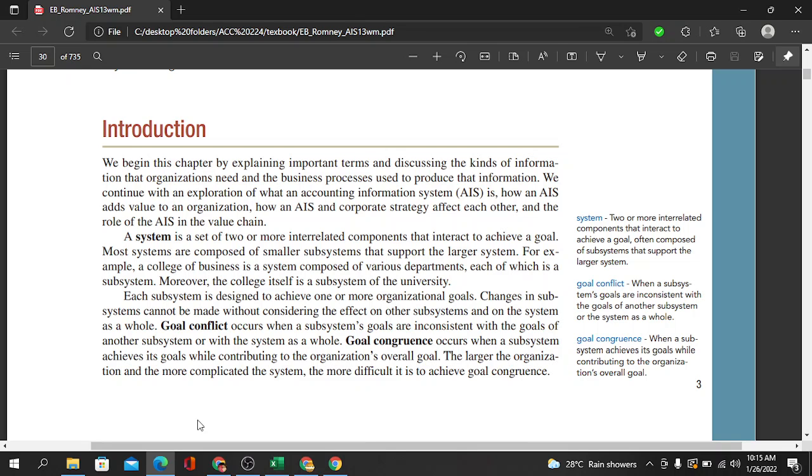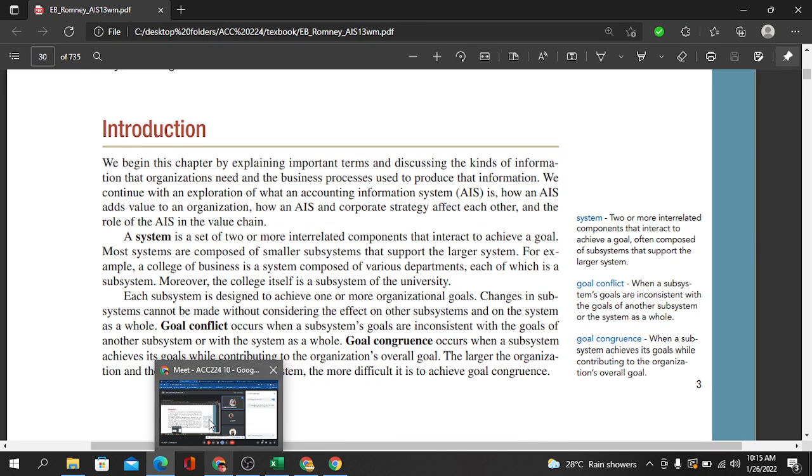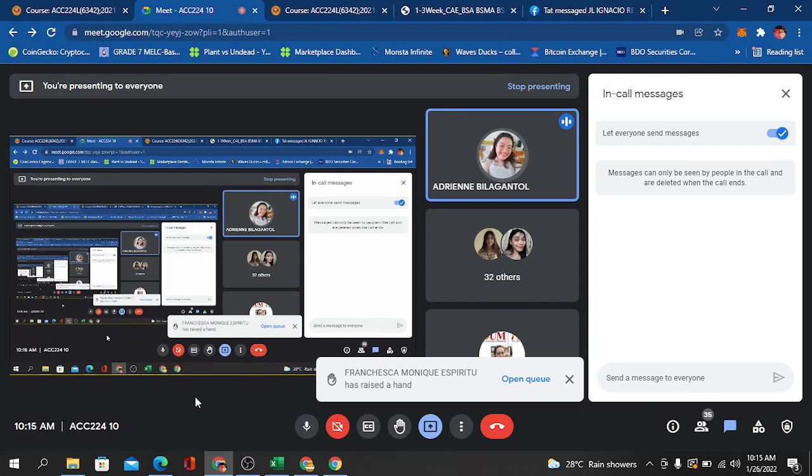So if we're going to have this done manually, then it will be kanang messy po, but if an organization will have an AIS, then it will be a great help for them to manage the transaction and to make decisions with the data and information available. Okay, very good.